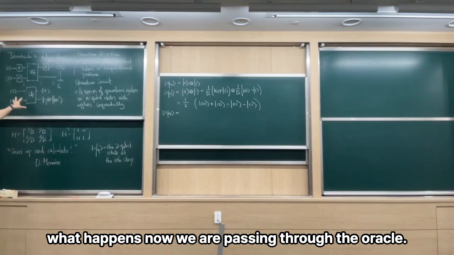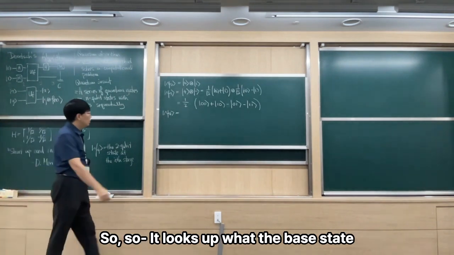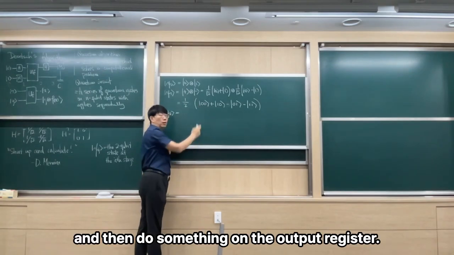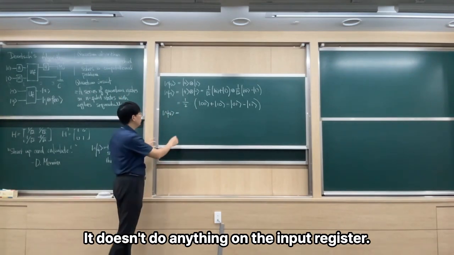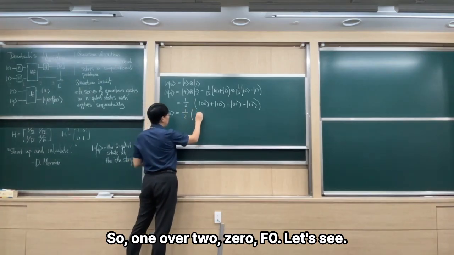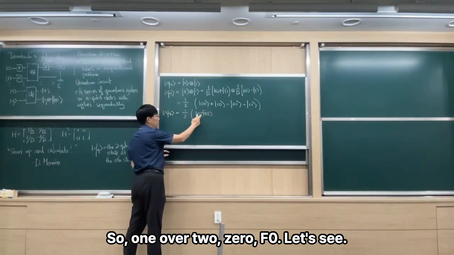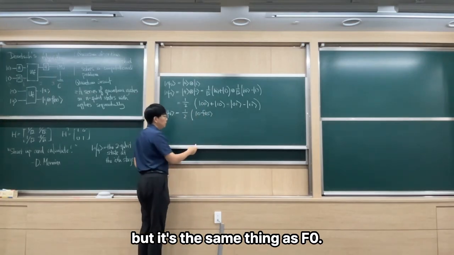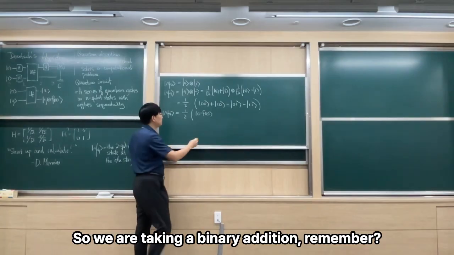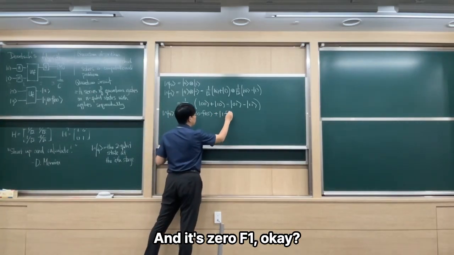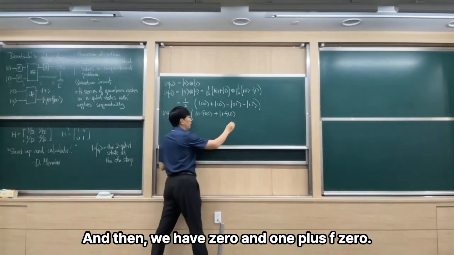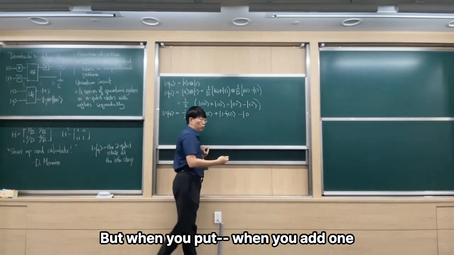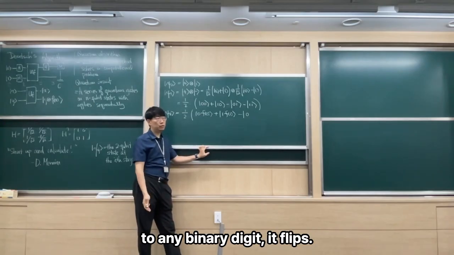What happens? Now we are passing through the oracle. It looks up what the base state of the input register is and then does something on the output register. It doesn't do anything on the input register. So 1/2, 0, F0. See, 0 plus F0 is the formula, but it's the same thing as F0. We are taking a binary addition, remember? And it's 0, F1, okay? And then we have 1 plus F0, but when you add 1 to any binary digit, it flips.